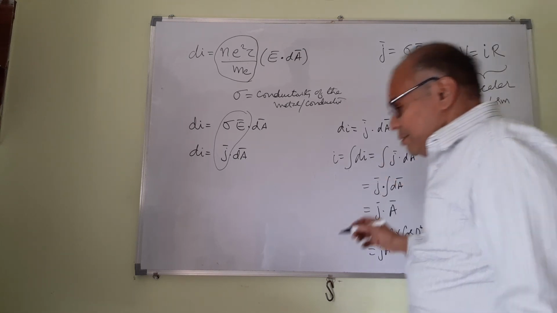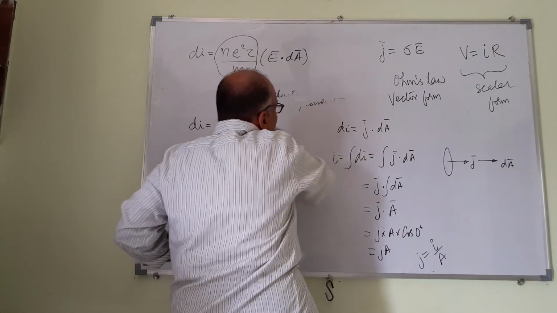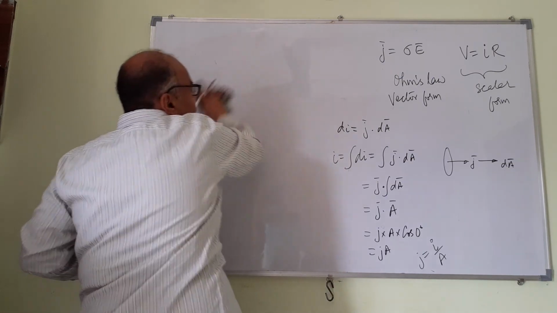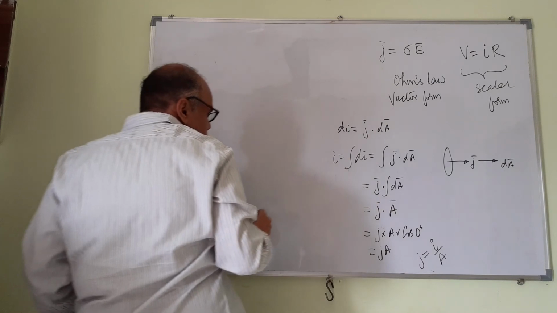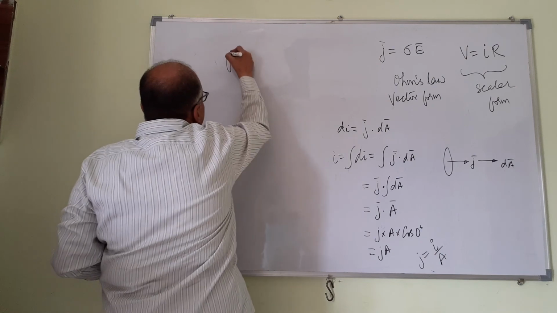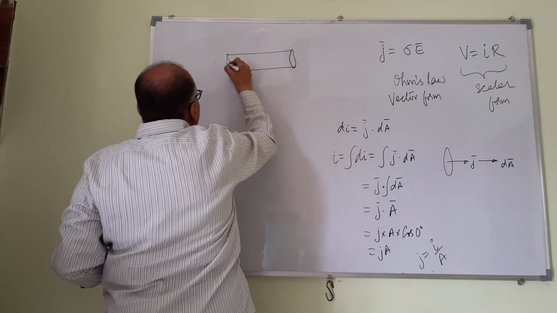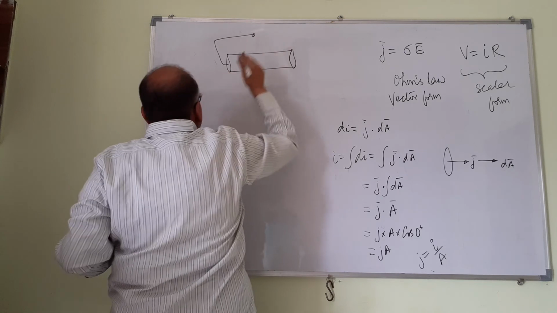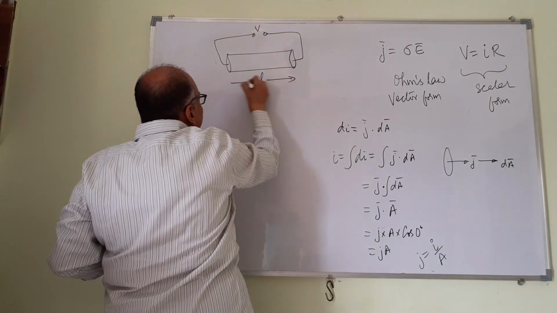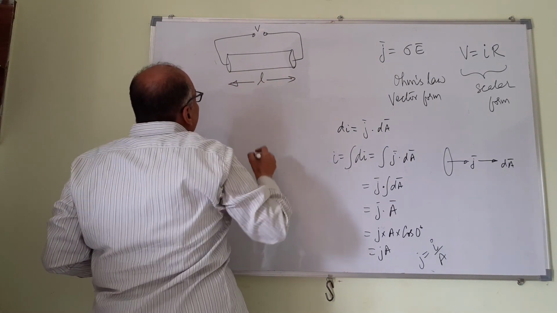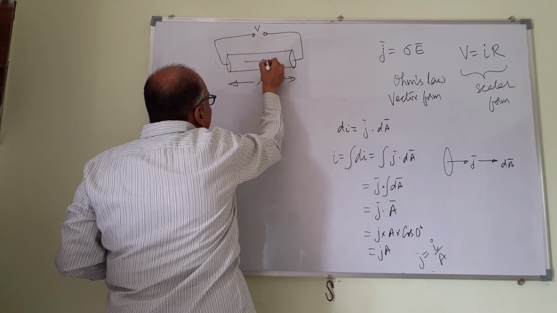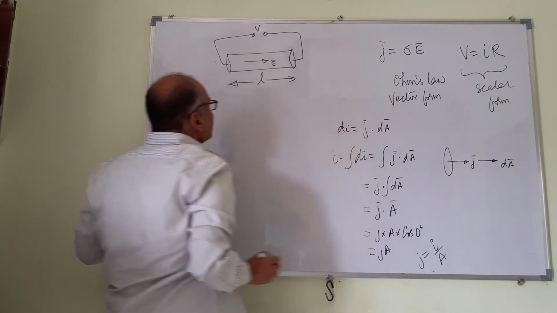So let's get the scalar form. Instead of J, we can put I by A. Now for the electric field, supposing there is a conductor and you apply a potential difference by a battery, there is a V that you apply and this is L. So obviously there will be an electric field set up and the charges would move within this.